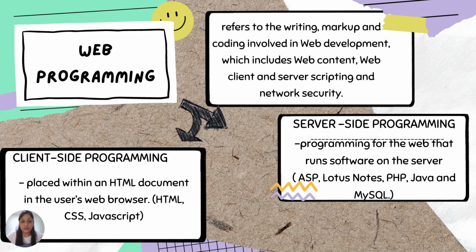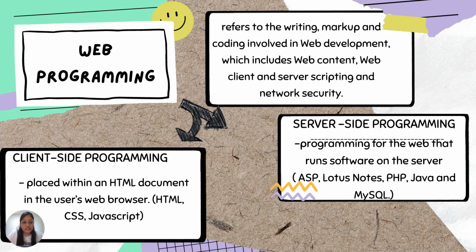So there are two types of web programming. One is client-side programming, done at the front end, where we collect user input. Client-side programming normally deals with visual and user input aspects. Server-side programming is the back-end programming, which involves processing user input.